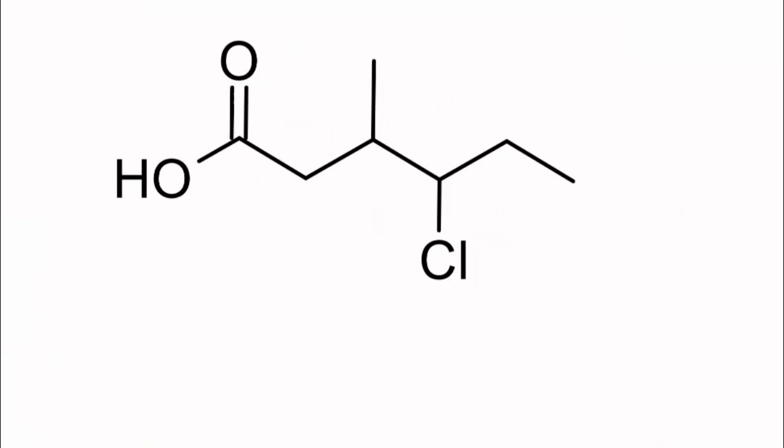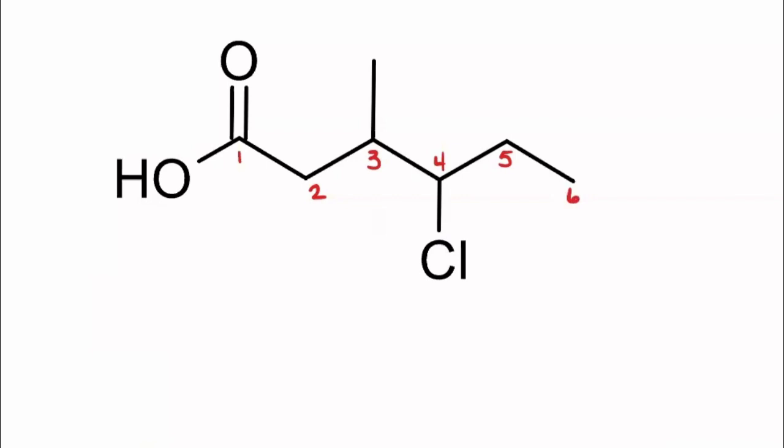In this skeletal structure, we have to find the longest continuous chain in which carbon number 1 is the carboxyl carbon. In this molecule, the longest continuous chain of carbon atoms is 1, 2, 3, 4, 5, 6 carbons in length.